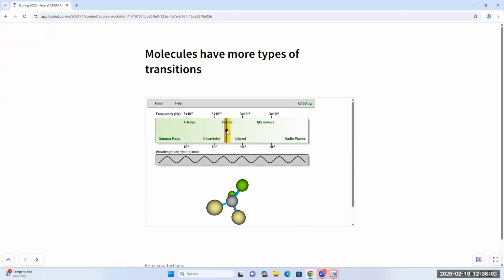And then if I move my cursor to UV light, does anybody have any guesses what would happen? Oh, should we go to UV or IR first? UV means we are going up in energy, and IR means we are going down in energy. What do you want to do? Go down and come back up, or the other way around? What was that? Go down. Okay, let's go to IR.